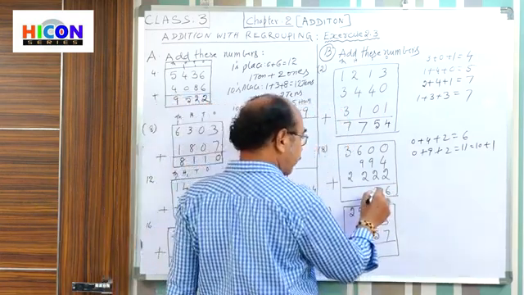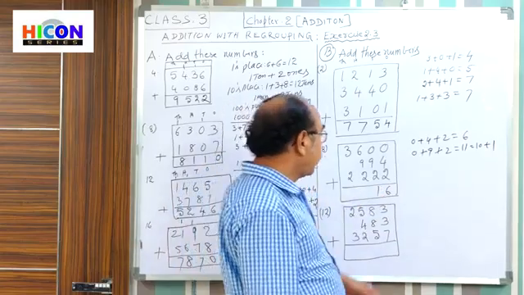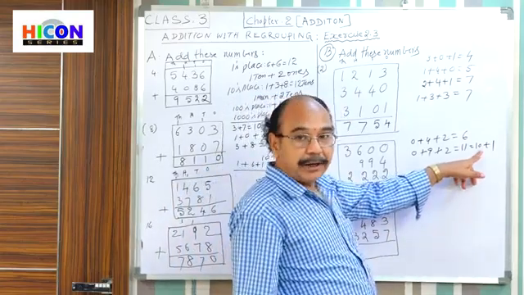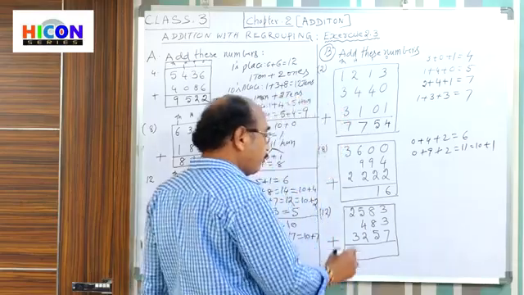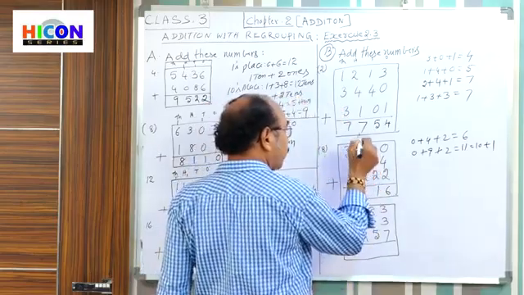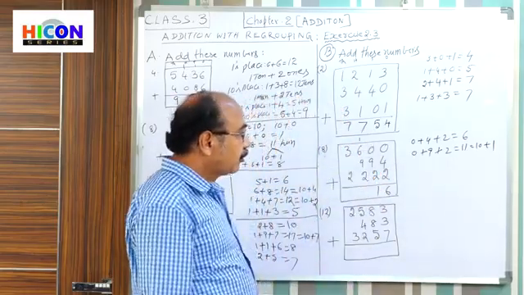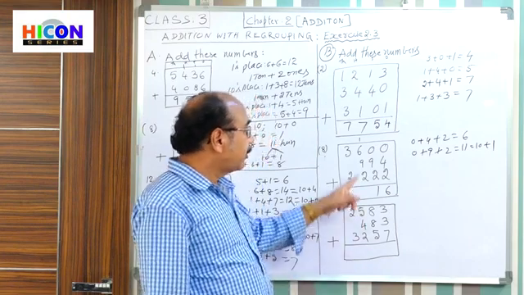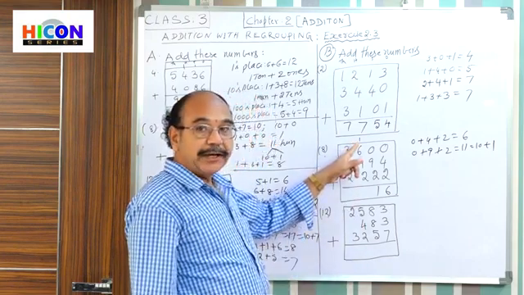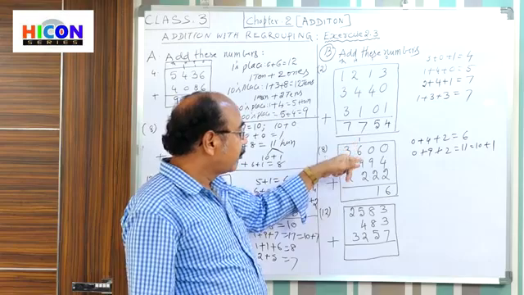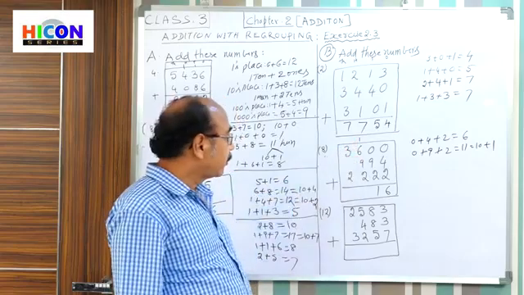So 1 right here in the tens place. Here 10 tens makes 100. That's why here we carry 1 to the hundreds place. This is the carried 100.